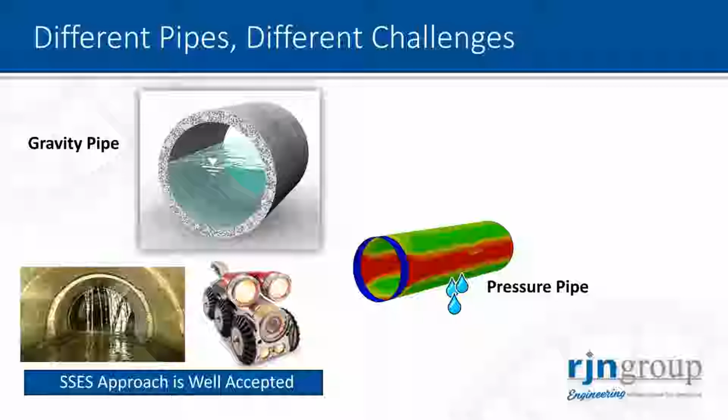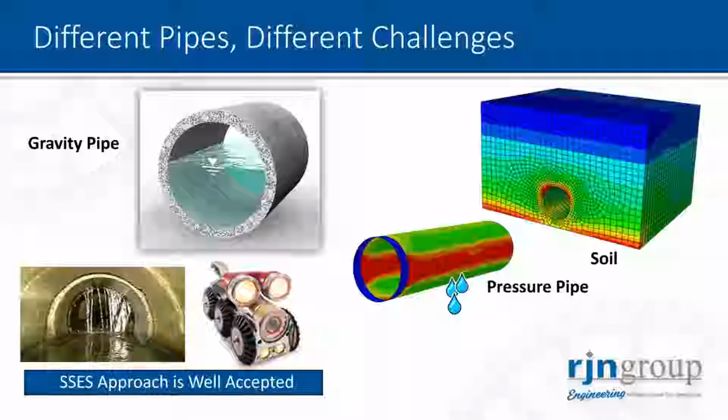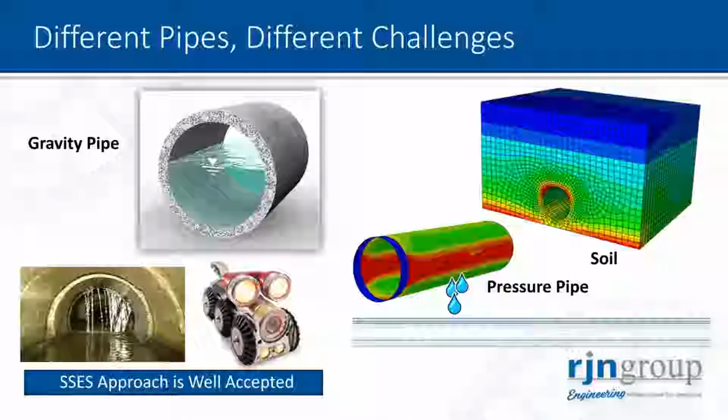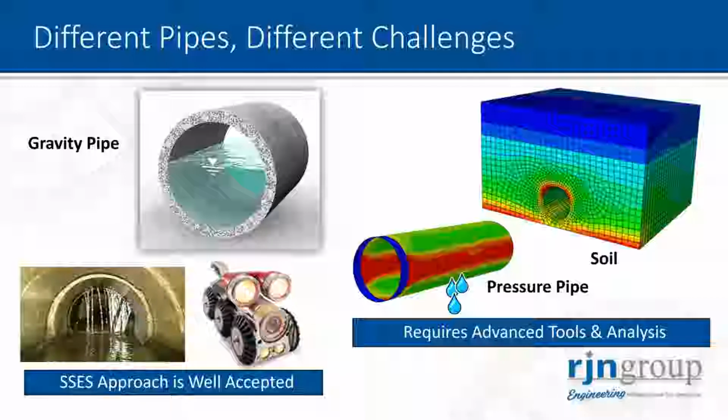And so in a lot of cases, we're also dealing with flexible pipe like steel, concrete bar wrap pipe, PVC. These types of pipes are also susceptible to the stresses in the soil. If there's not adequate backfill around the pipeline, you can have excessive stress and premature failure. So this is what requires advanced tools and analysis to be able to identify the deficiencies within pressure pipe.